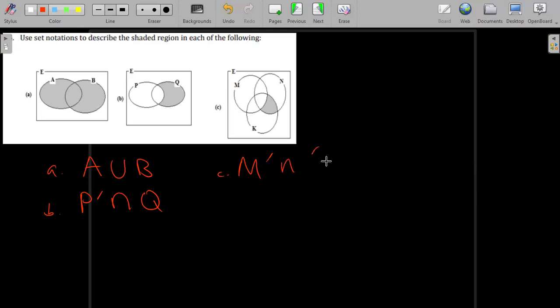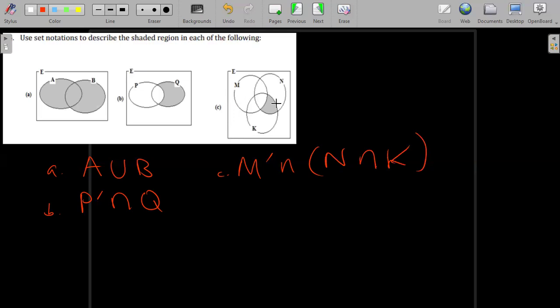And it will intersect with the two parts here that are shaded. In between, what is shaded is the intersection of N and K. So N intersect K is what is shaded, and it's intersected with M complement, since M is not shaded at all. So this is how you can describe it using set notation.